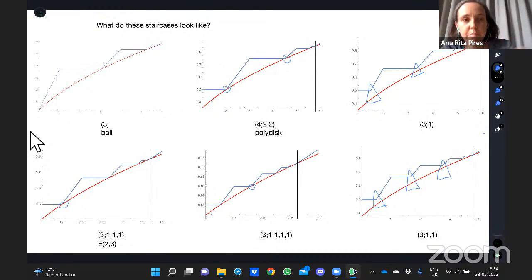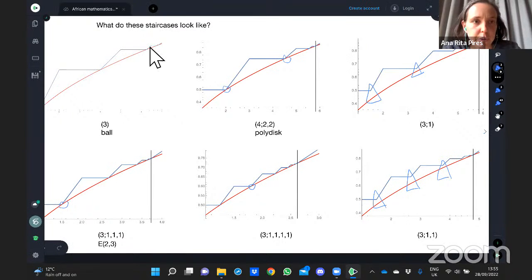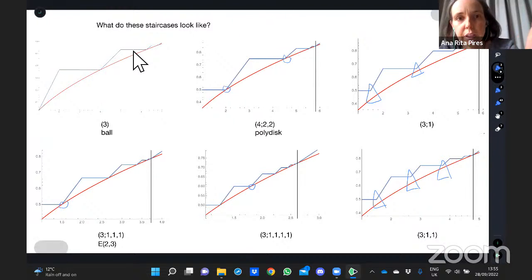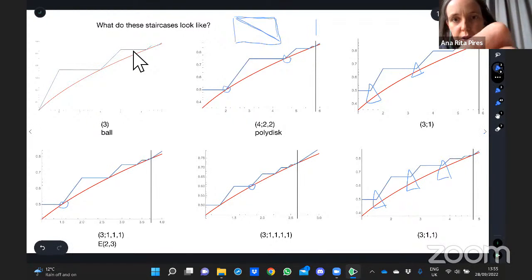What that means is, maybe you start with a shape, say a square, and then you do an operation where you cut it, and half of it you leave the same, and the other half you do an affine linear transformation, and you move it so that this thing becomes a triangle.